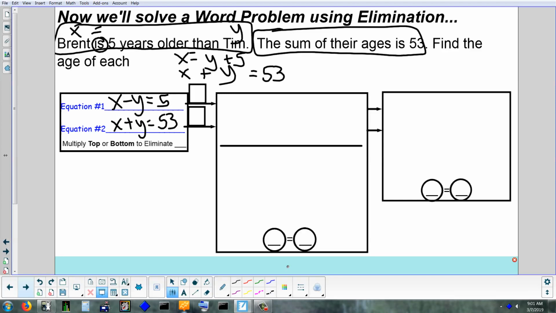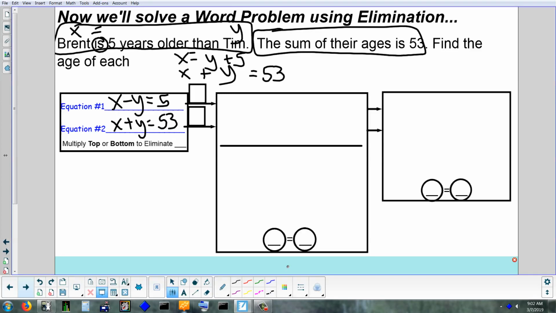Now, the template doesn't really match this type of problem. Why? Anybody know? Why doesn't this template fit this problem? Joe? Because it's situation 1. Yeah, it's situation 1. Why, Joe?